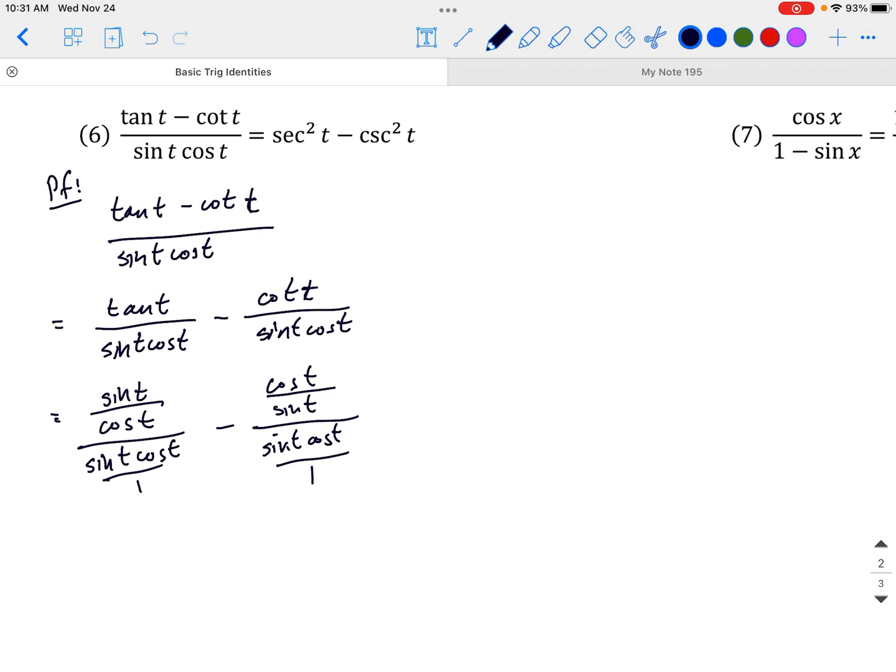So in each case, when I'm doing the division here, I could think of this as multiplication by the reciprocal. So this is going to equal sine t over cosine t times the reciprocal of sine t cosine t over 1, which is 1 over sine t cosine t. And then I'll do the same thing with my cotangent expression.